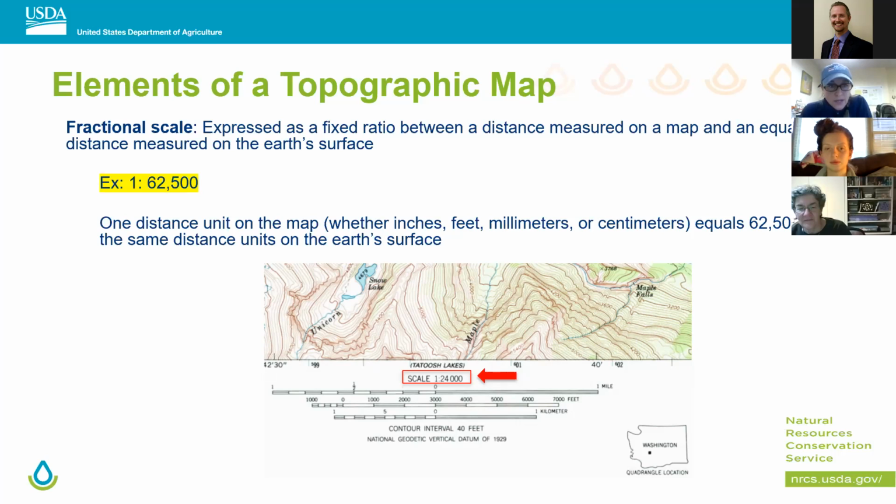Here, if you wanted to take a measurement and know your miles, the video describes this better than what I'm trying to say. You can put a ruler or a piece of paper down to your scale, and then put that up against your map so you can see how many miles it is on your map. Here's another one in feet. You can use this scale, copy the ticks on a piece of paper, and then push that up and around your map so you can see how many feet it is to certain areas.